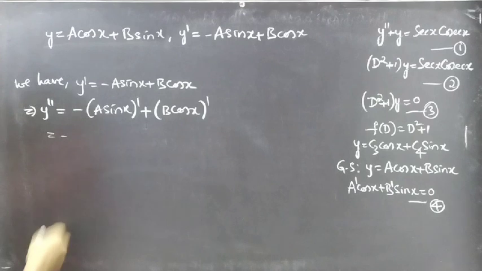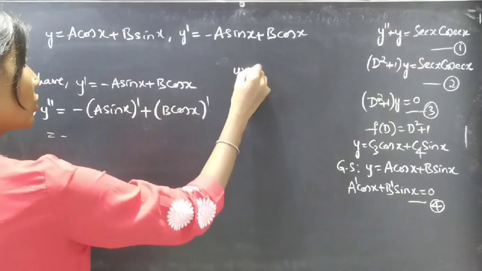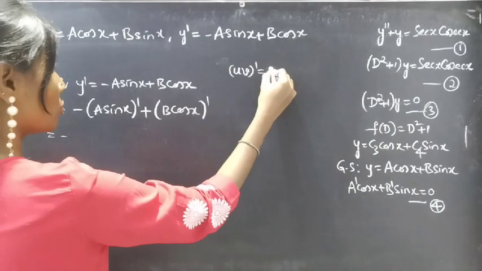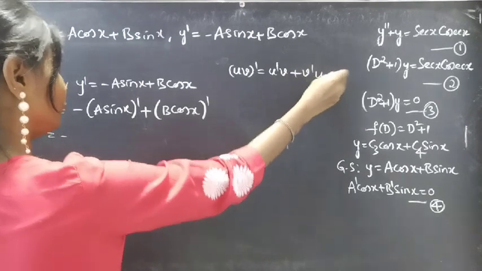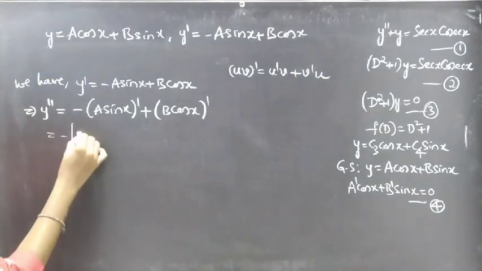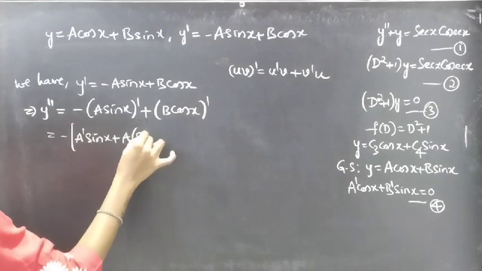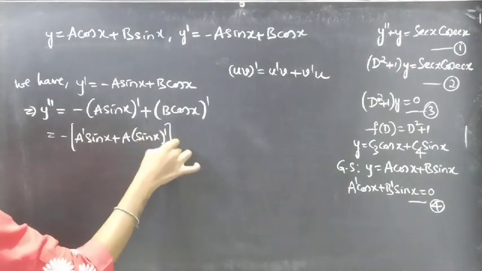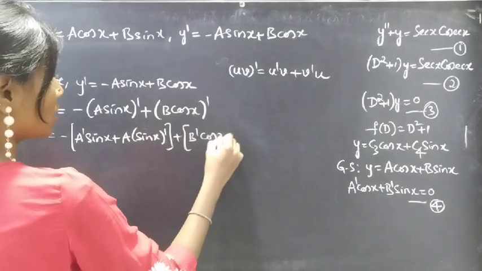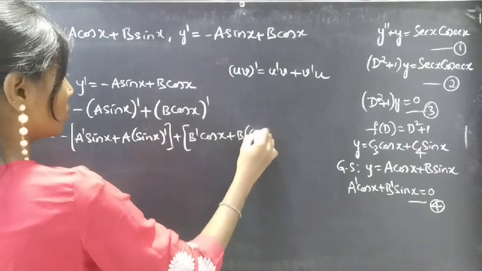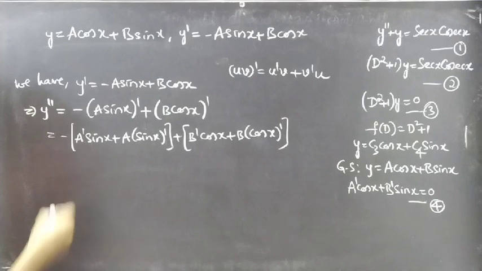This gives us minus of, here we are having two functions, that is the product of two functions, so we'll apply the uv whole dash formula, u dash v plus v dash u. This gives us a dash sin x plus a into sin x whole dash plus b dash cos x plus b into cos x whole dash, right?